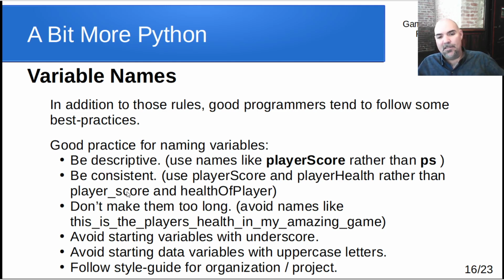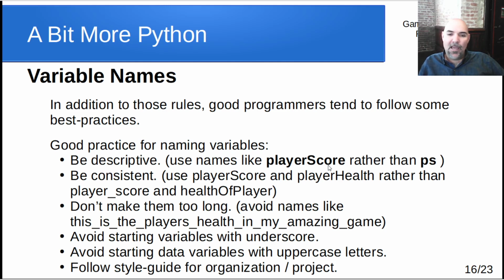In other words, don't use something like PS when you mean player score, because when somebody looks at your code later on, or when you look at your code later, you might forget what PS even means. But player score is pretty unambiguous. That's very descriptive and clear what that means. That's probably the score for the player. Or you might have player health, or you might have level.